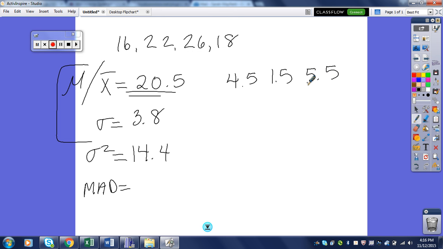How about 18 and 20.5? 2.5. Okay? From here, add them all up, divide by how many you got. So 4.5 plus 1.5 plus 5.5 plus 2.5, hit enter, divide by 4, you get 3.5.